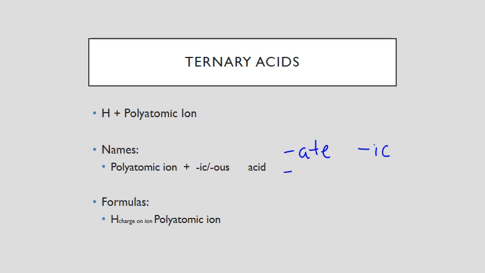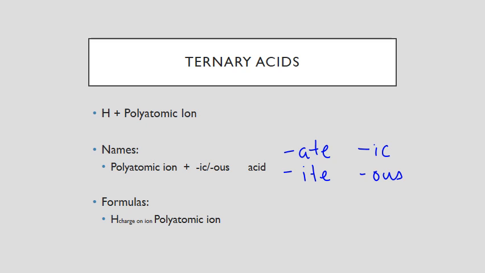If the original ending was ite, it's going to change to ous. For example, nitrate would change to nitric, nitrite would change to nitrous. It just depends on what the original ending was. And then you're going to add the word acid to the end.